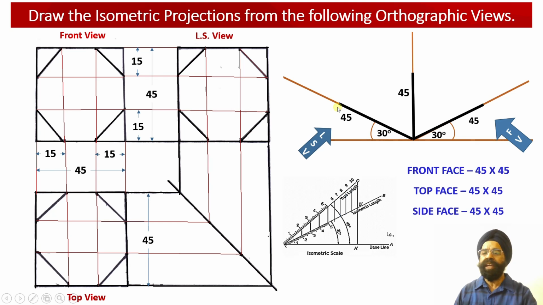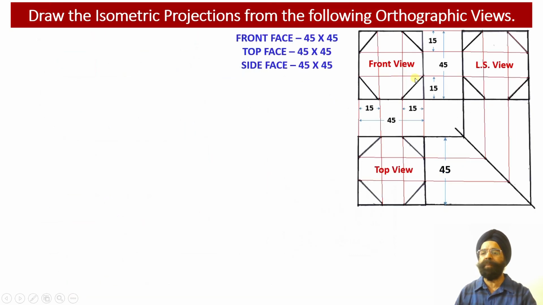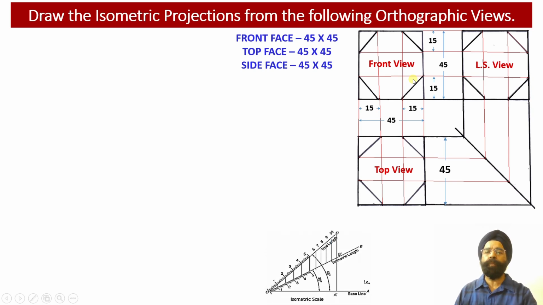So we know that all the three dimensions happen to be identical. The length of the solid will be equal to 45 millimeter. The width of the solid will also be 45 millimeter, and the height of the solid will also be equal to 45 millimeter. So with this information, we have to proceed to evaluate the orthographic projections corresponding to this engineering object.